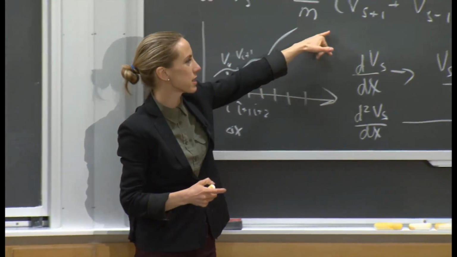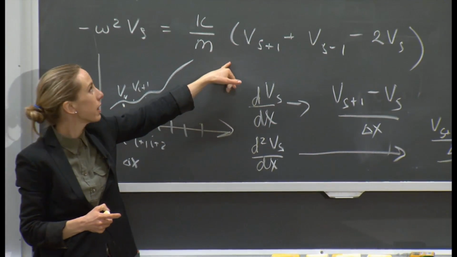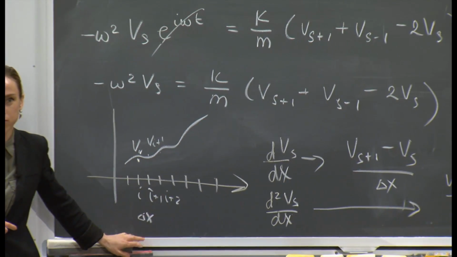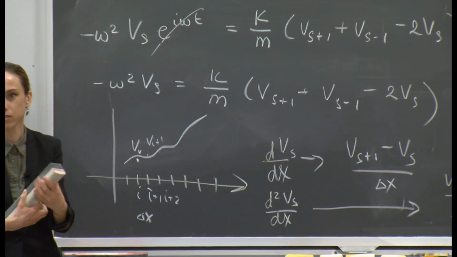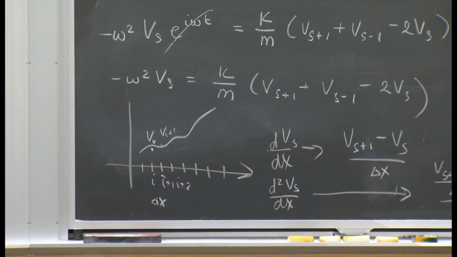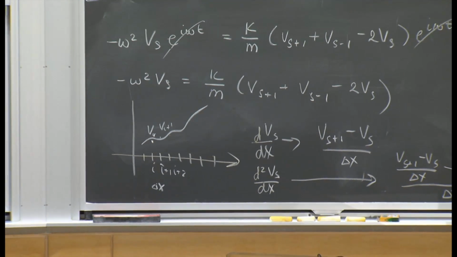So because this is a second derivative, so this is an oscillator equation, again, we're going to look for its solution also in an oscillatory form, except our oscillatory form will now not be in time, it will be in s.